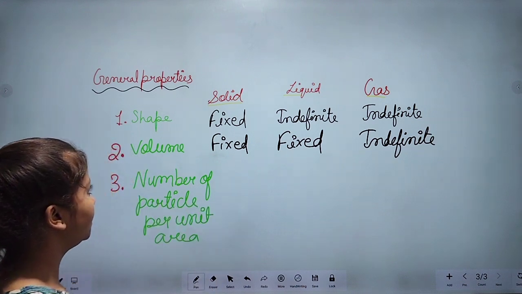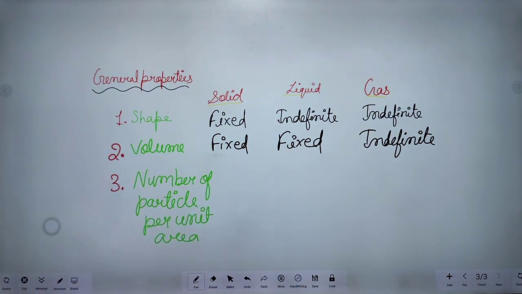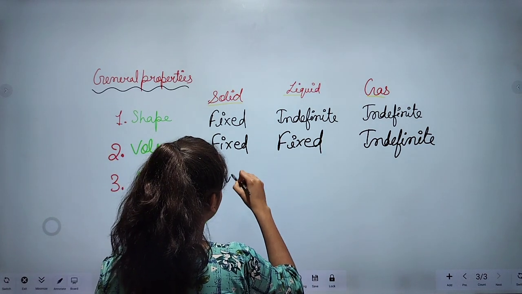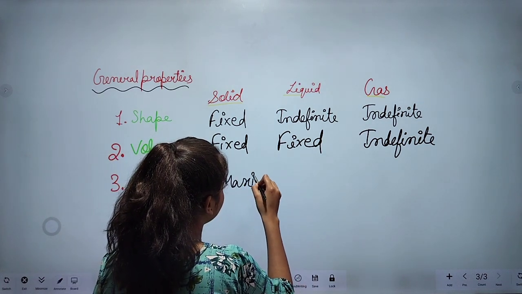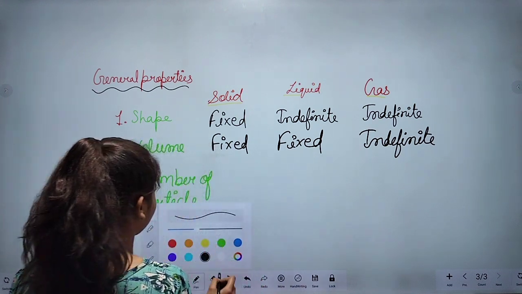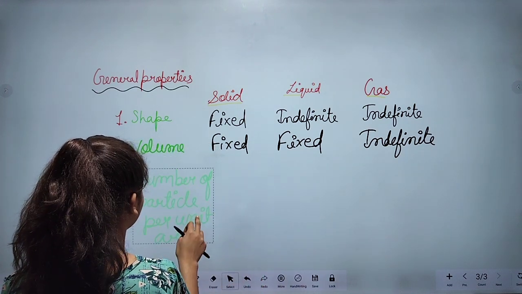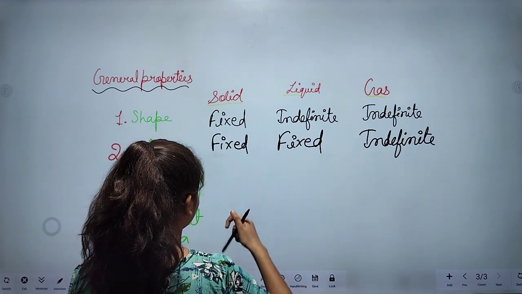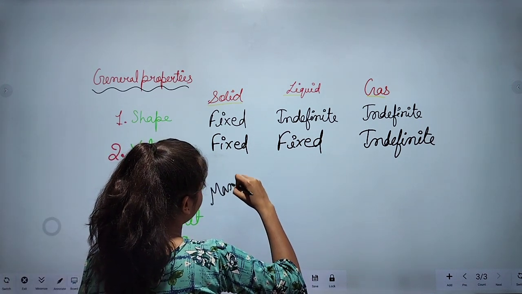So it is generally what? Number of particle per unit area. So we all know that solid particles are very closely packed, so it is maximum.